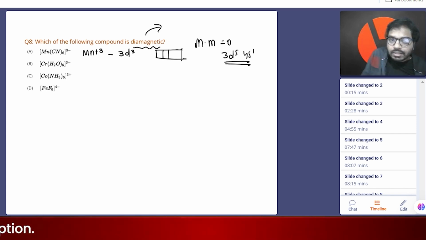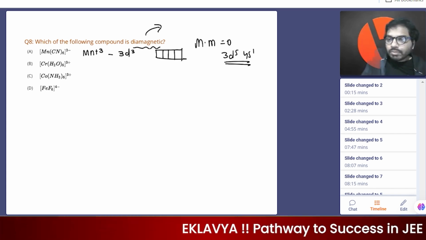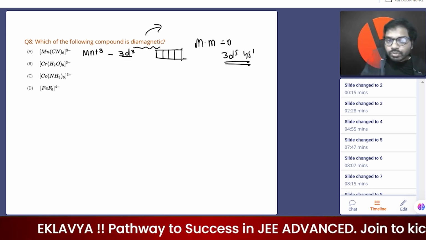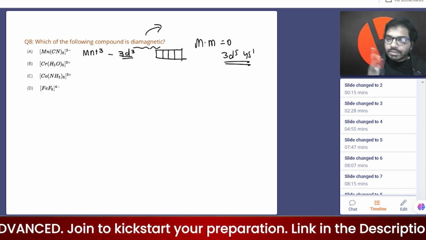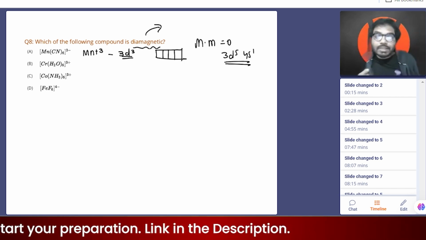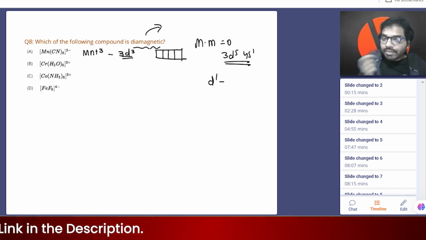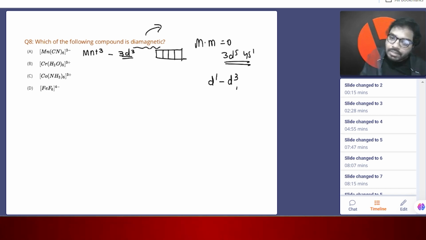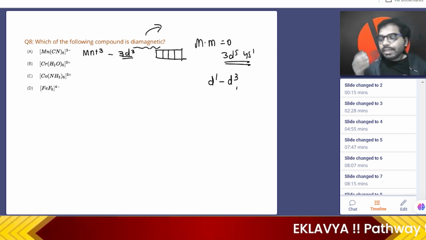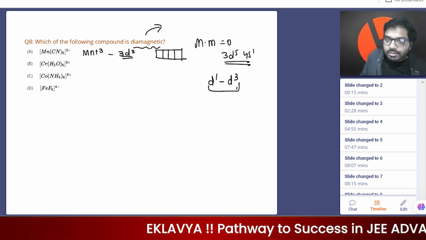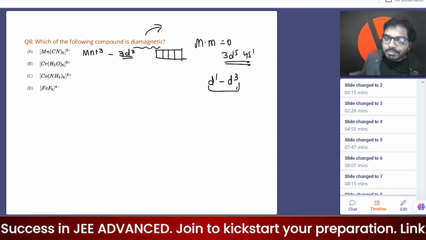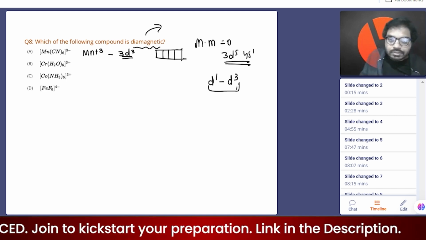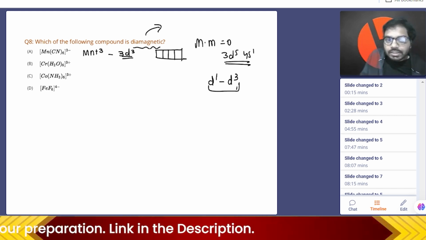Now they are asking for diamagnetic, so all paired electrons should be present. When a 3d3 configuration is there, it always has unpaired electrons irrespective of the strength of the ligand. The effect of the ligand is not applicable from d1 to d3 and from d8 to d10 configurations. Whether the ligand is weak or strong, unpaired electrons are present, so they are paramagnetic. I hope the first option is clear to you.